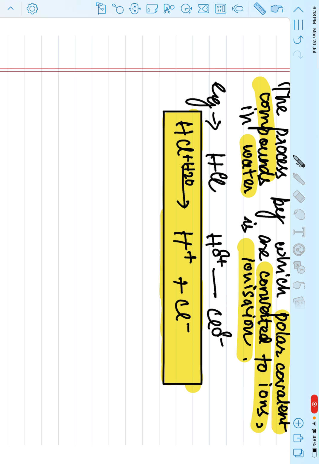Dissociation is the separation of ions which are already present in the ionic compound. Only polar covalent molecules show ionization, while electrovalent compounds show dissociation.